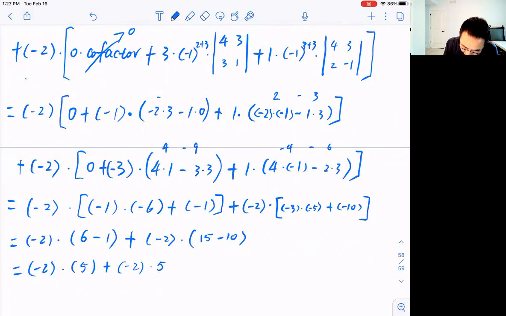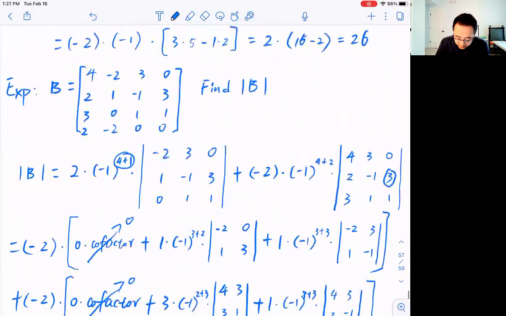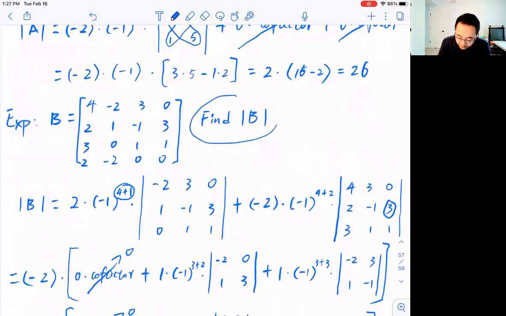And so that is negative 10 minus 10, which is negative 20. So this negative 20 is the determinant of this B matrix that we started with, the 4x4 matrix that we started with.